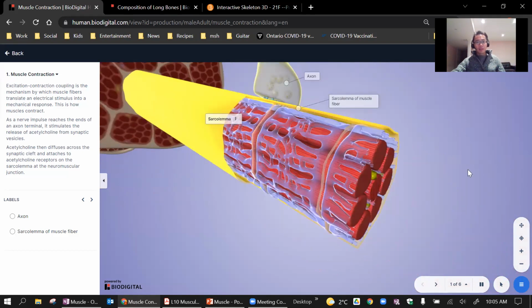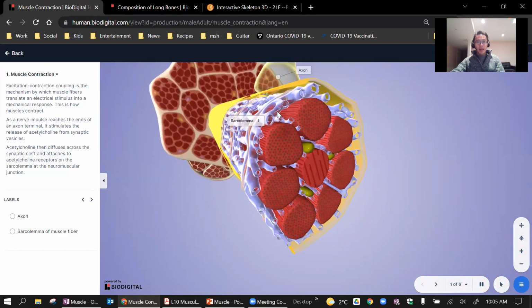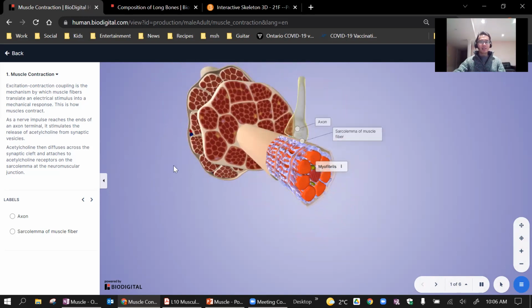Now I'm going to go over here and try to rotate it. Okay, so you can see that's the sarcoplasmic reticulum, and these are the myofibrils. They didn't pull it out, but if you were to pull it out, you would be able to see the individual sarcomere. Hopefully that makes sense.